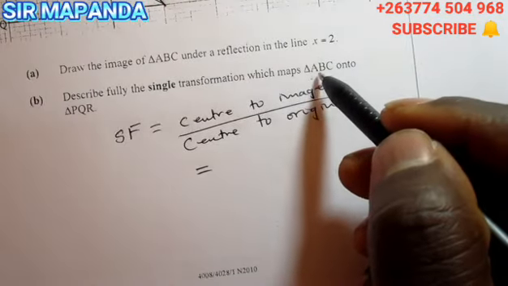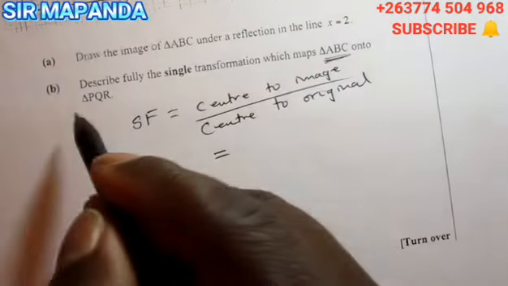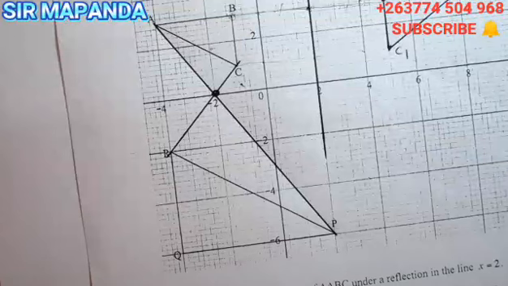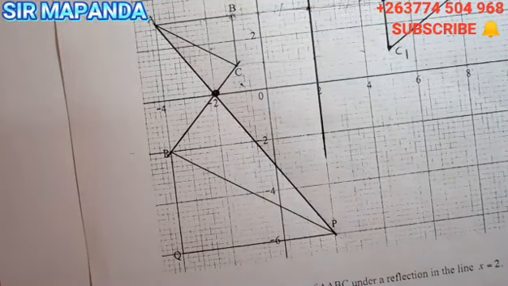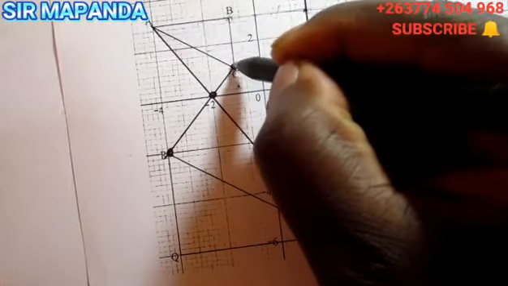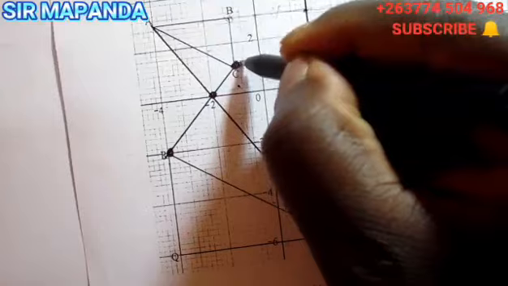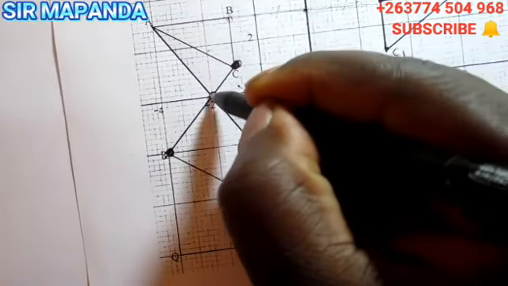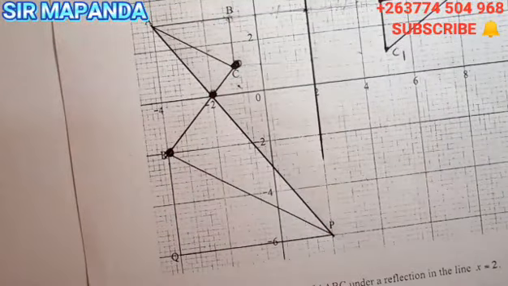ABC is the shape which was mapped. So ABC is the original, PQR is the image. Right. So I need to choose just a pair of corresponding points together with the center. Like R is a corresponding point to this C. So I need this point C, this point R, and the center to do my calculations.